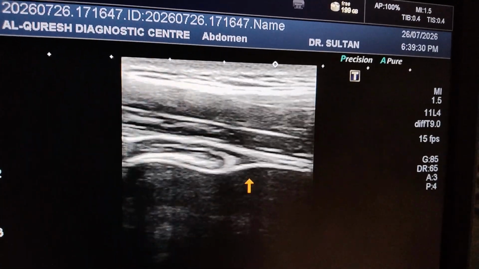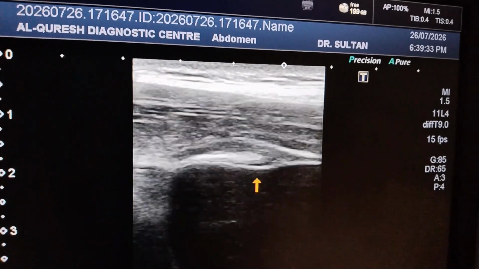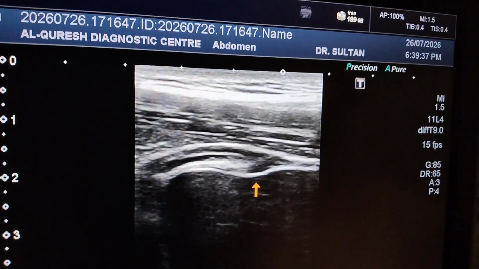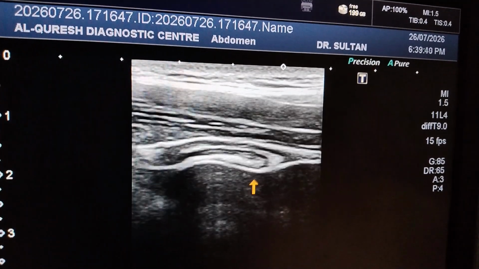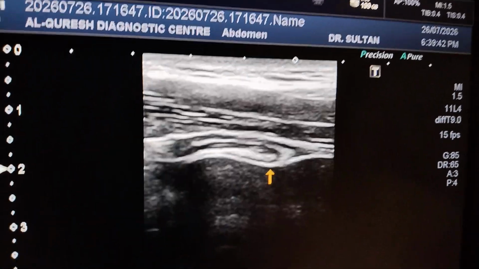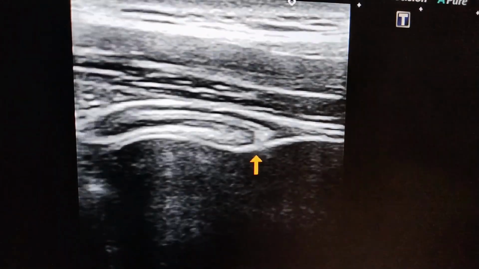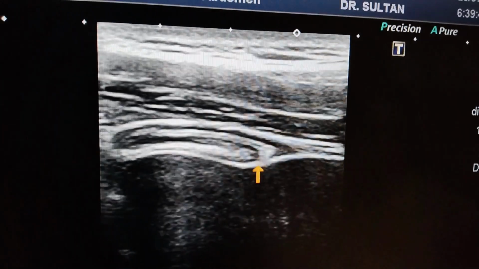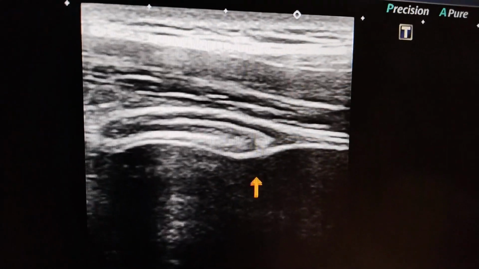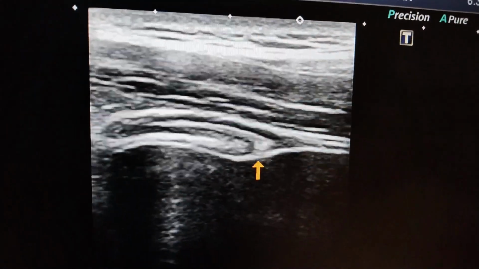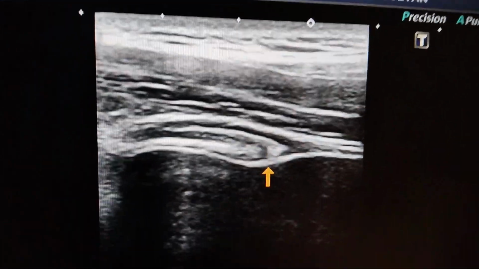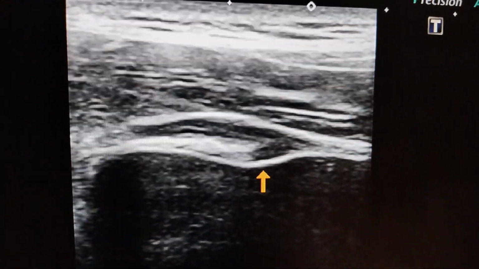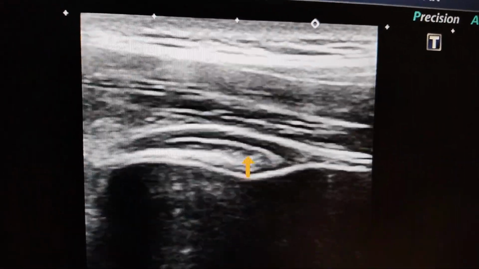Here I have placed the probe in the sagittal direction, and look at this. If we closely observe, although this track is touching the dome of the bladder, I cannot find any communication between the urinary bladder and this sinus tract.